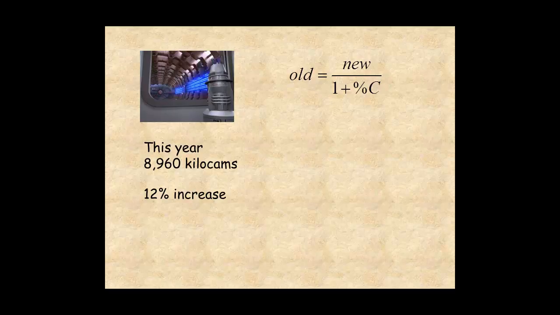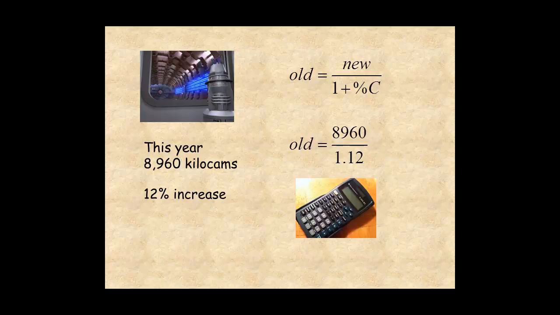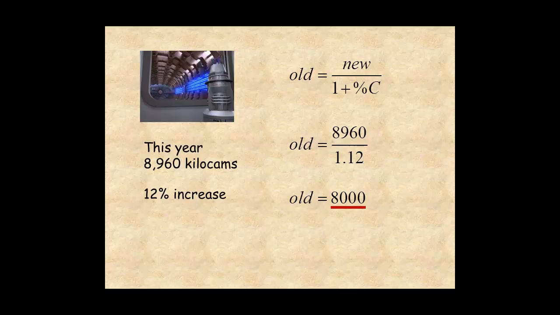New is 8960, and percent change is 0.12. Then 1 plus 0.12 is 1.12. Divide 8960 by 1.12, and you get 8,000. So last year, you sold 8,000 kilograms of warp plasma.